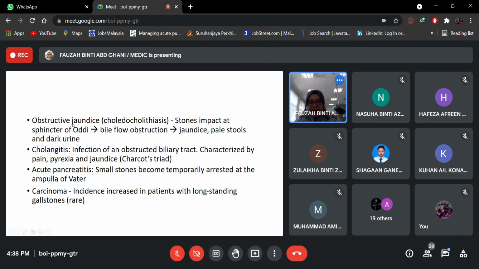Then the cholangitis I explained just now: infection of an obstructed biliary tract. This patient will have the Charcot triad: pain, pyrexia, which is fever, then jaundice. If the stone is impacted in the ampulla of Vater, it will obstruct the flow of the digestive enzymes of the pancreas, so it will cause pancreatitis.